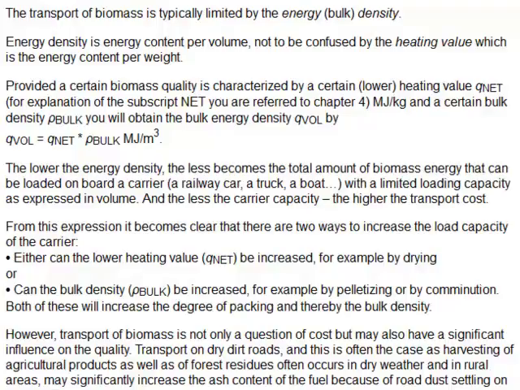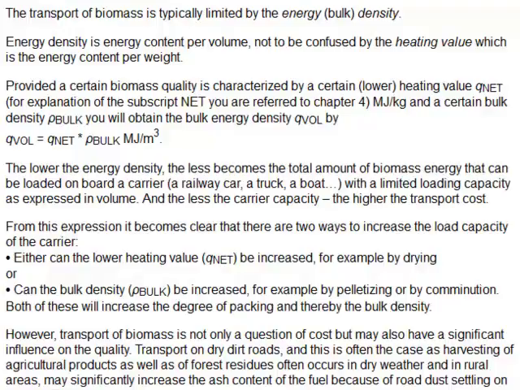vehicle. Each and every vehicle or carrier is characterized by two limiting factors. First, there is a maximum load, a maximum amount of tons that can be loaded. And second, there is a maximum volume, a maximum amount of cubic meters that can be loaded.